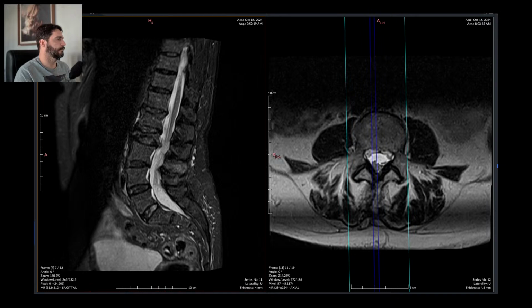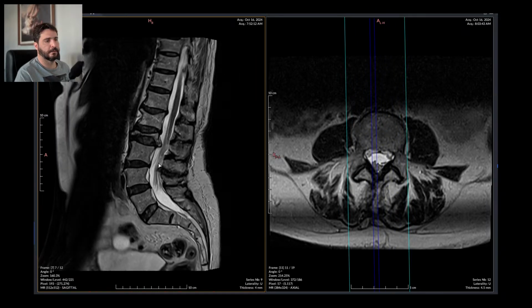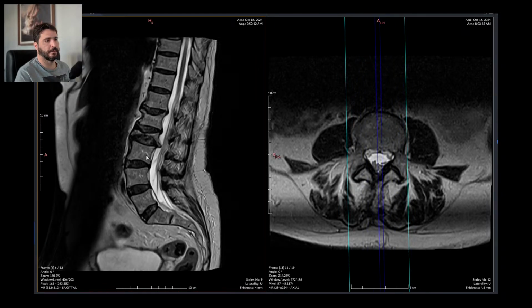Right there. Let's call the extrusions from here to there. So it's T12-L1, L1-L2. How many? 1, 2, 3, 4, 4.